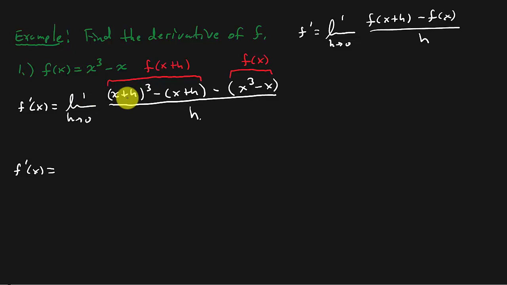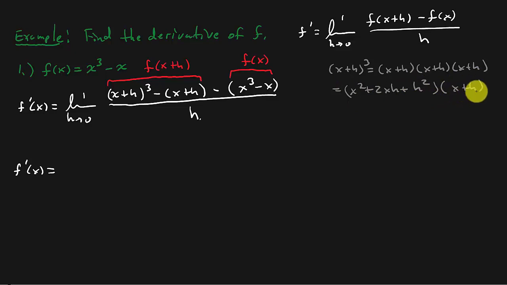So let's look at the x plus h cubed. I'm just going to come over here to the side and multiply it out. That's x squared plus 2xh plus h squared times x plus h. All I did is multiply the first two together and got this, just FOIL it. Now I'm going to multiply this by this: the x times each term and then the h times each term.